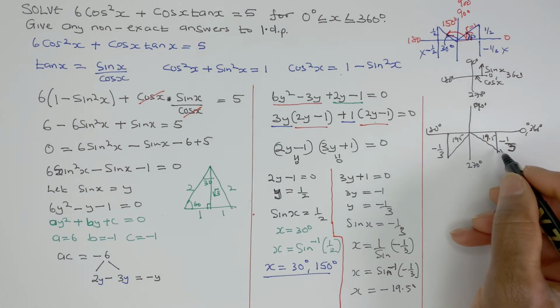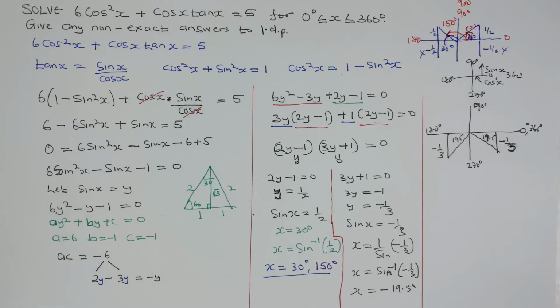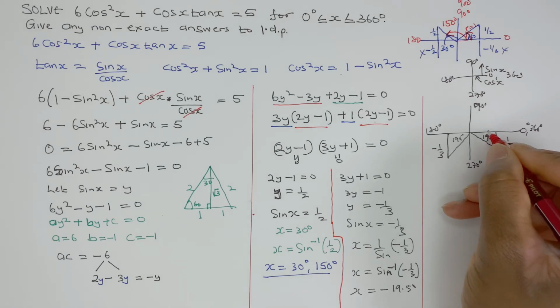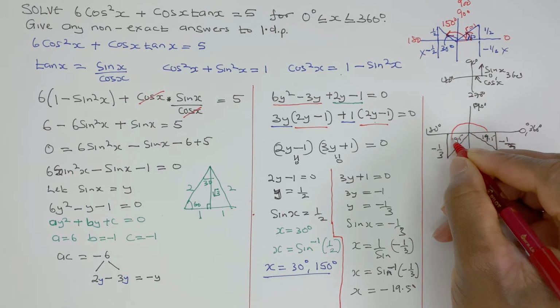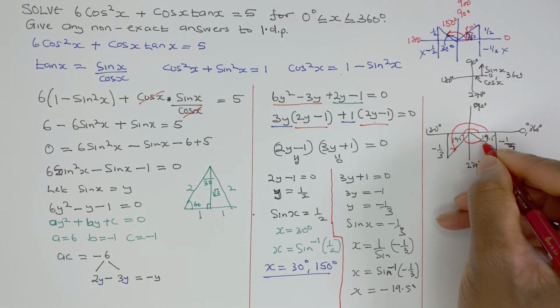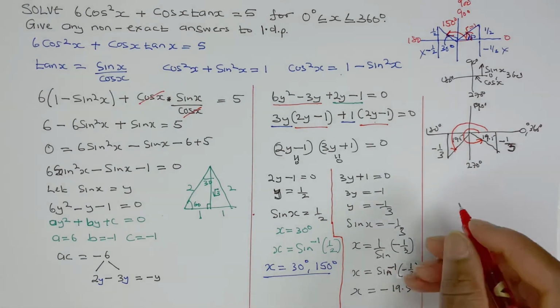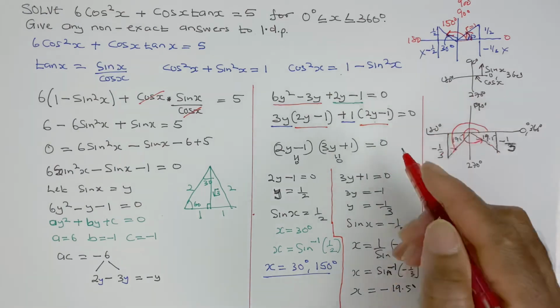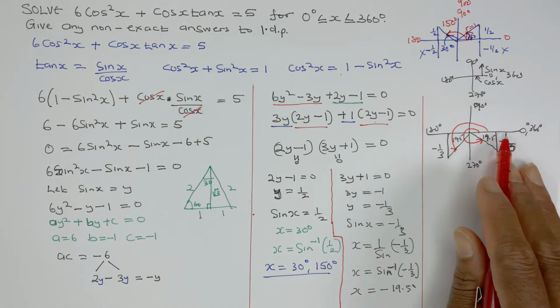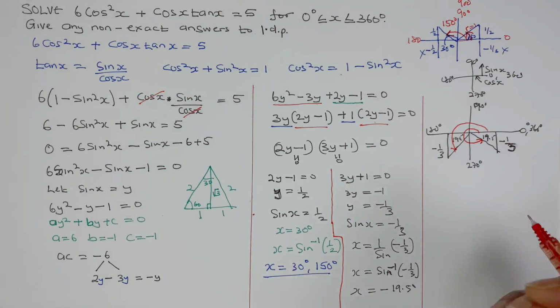For the angle we're looking for, we have to start from 0, because it's important that we measure angles in an anti-clockwise direction. We need to find that angle, and also these angles. Those are the two angles we can find within the boundary of 0 to 360.